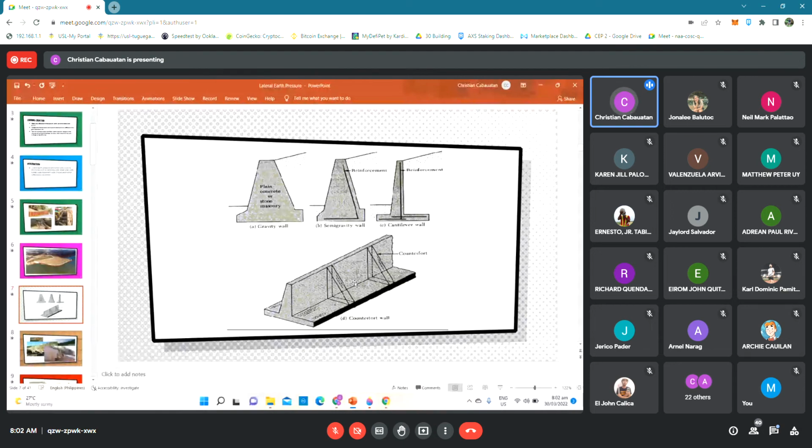So it is a combination of a reinforcement. May reinforcement yan, hindi lang naipakita. And then aside from reinforcement, they provide a counterfort, okay, to just add some additional support. Okay? So, yun. Yun yung nilagay nila.